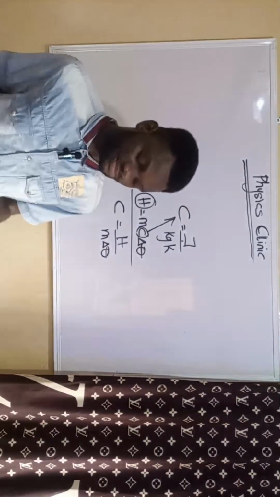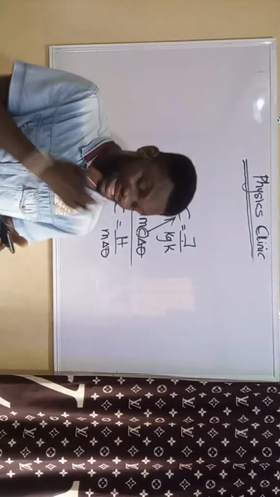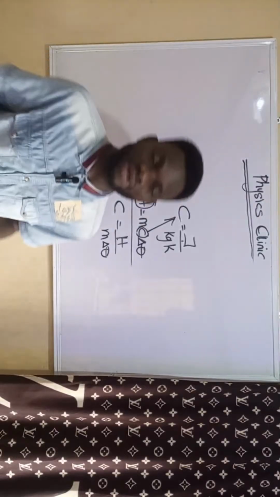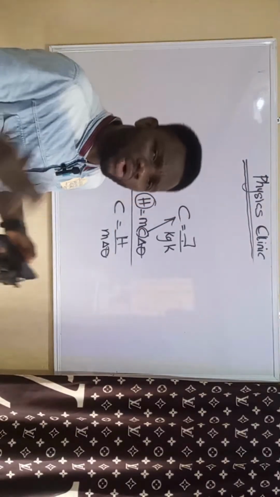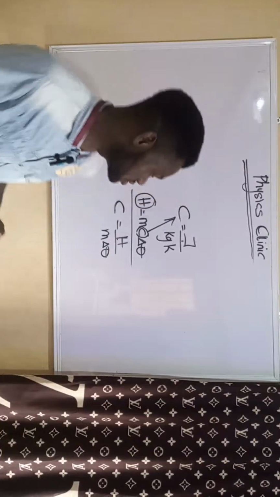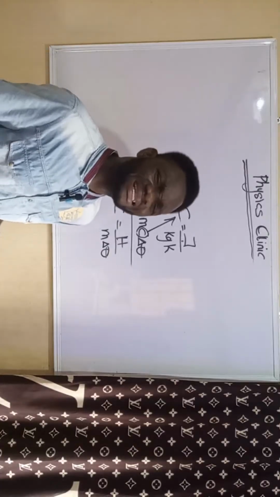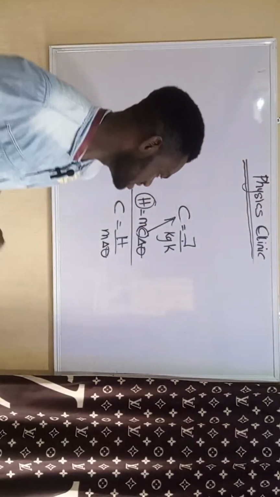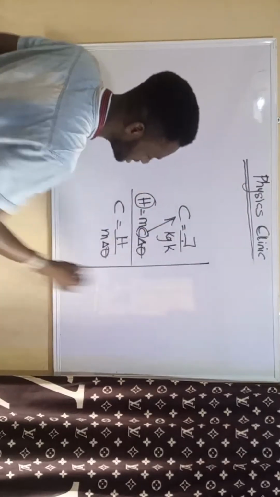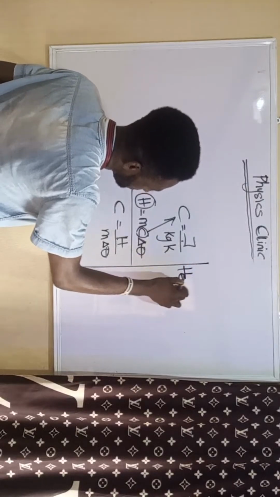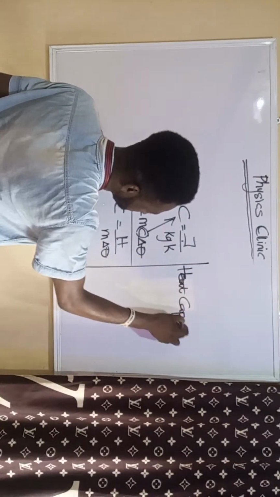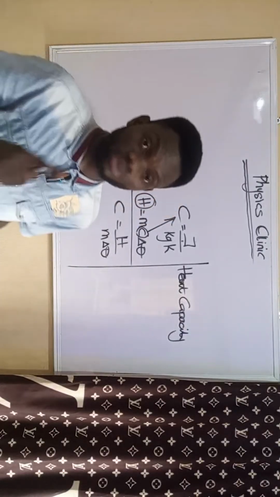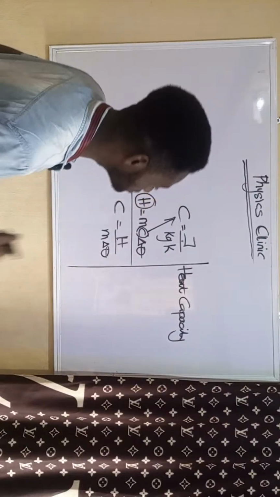And we also saw that if this is the amount of heat that is required to raise the temperature of 1 kilogram mass of a substance by 1 Kelvin or 1 degree Celsius, what about a situation where I'm considering the heat required to raise the entire mass of that substance? That is what we now see when we talk about the heat capacity, the heat that is required to raise the entire mass of a substance by 1 Kelvin or 1 degree Celsius.